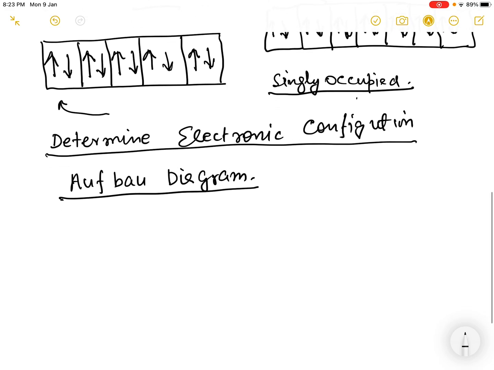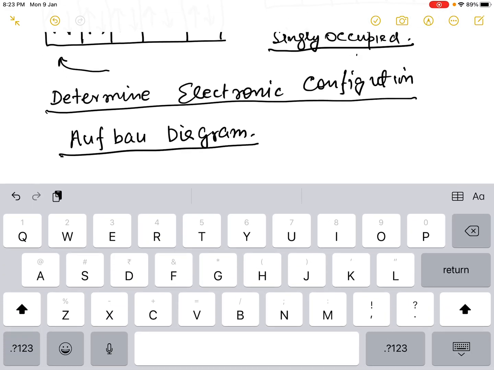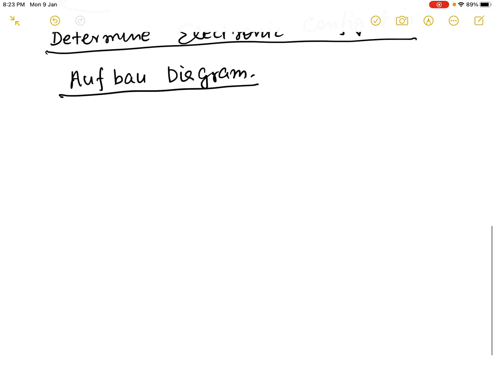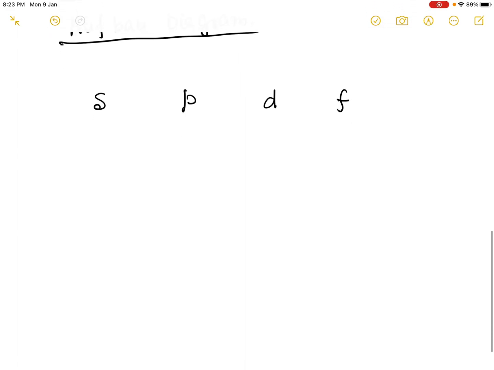So there we write here S, P, D, F. These are 4 subshells, and S can accommodate 2 electrons, P can accommodate 6, D can accommodate 10, and F can accommodate a maximum of 14 electrons.